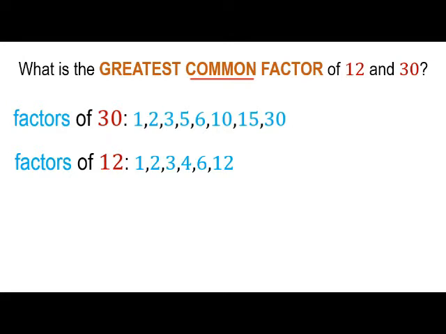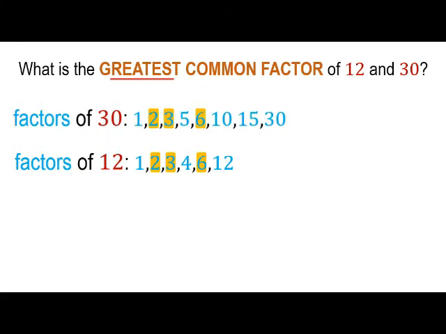So let's highlight the common factors. You can see 2 is common in both of these numbers. The next, 3 is also a common factor of 30 and 12, and also 6. So we have found the common factors of 30 and 12. Now what is the first word in greatest common factor?